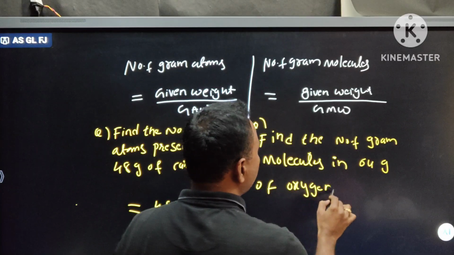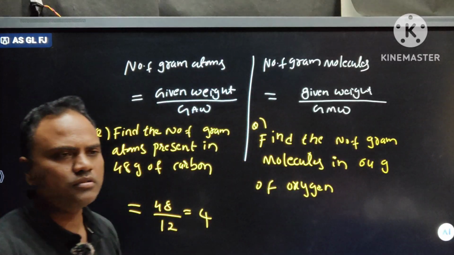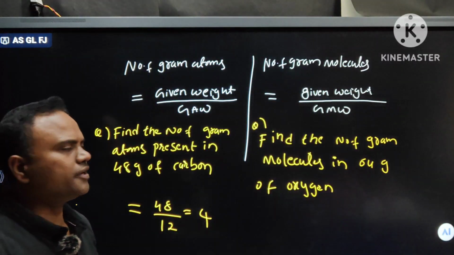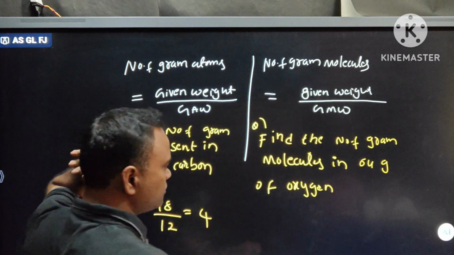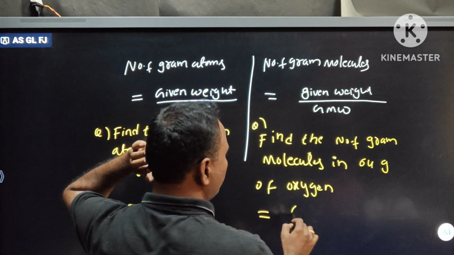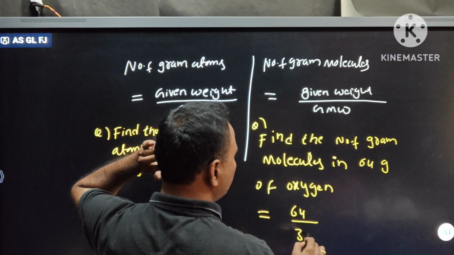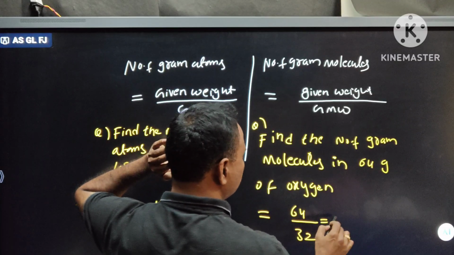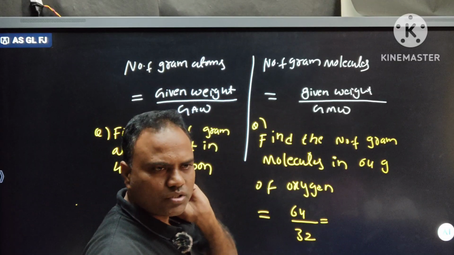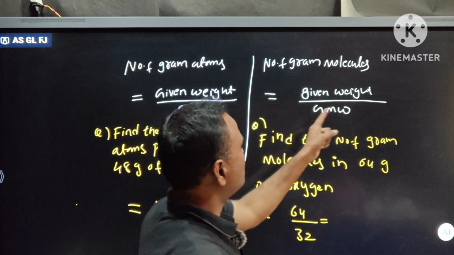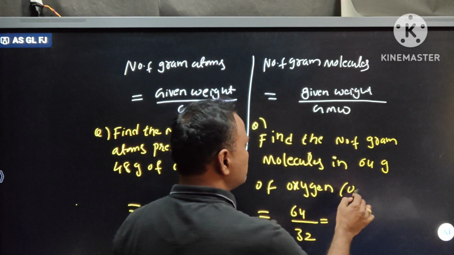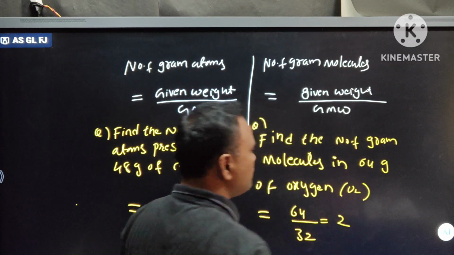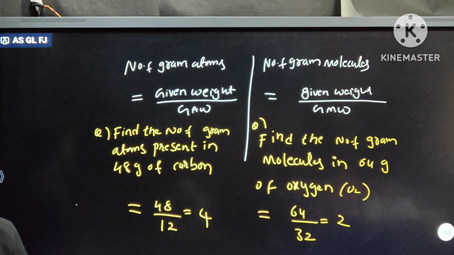See, oxygen means consider molecular weight. This is a molecule, oxygen. Given weight 64 by gram molecular weight. Oxygen molecular weight is 32. O2 is 16 plus 16, 32. Gram molecular weight. Oxygen means O2. So 2 gram molecules are present.